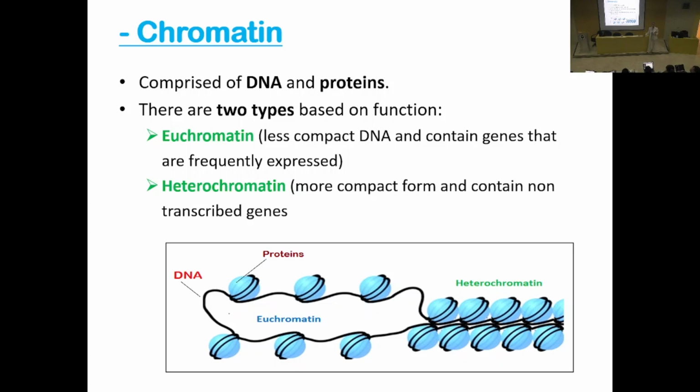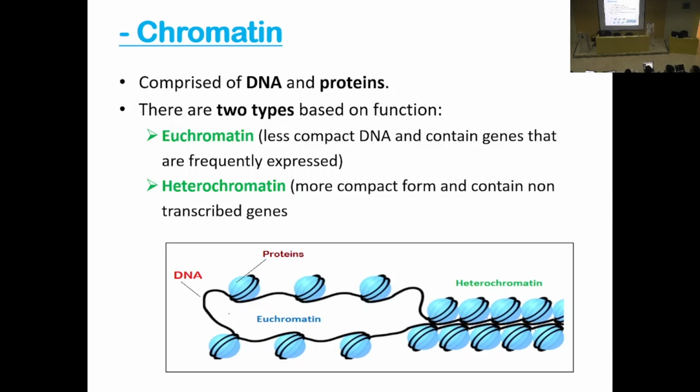It will be in molecular biology. But just keep in mind, chromatin is an association between the DNA, which you can see here as a rope-like DNA, and the blue ball you see here, which is the histone protein. And you can see how the DNA is wound around the histone.